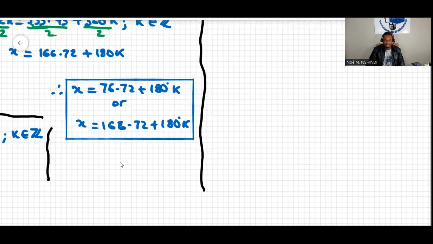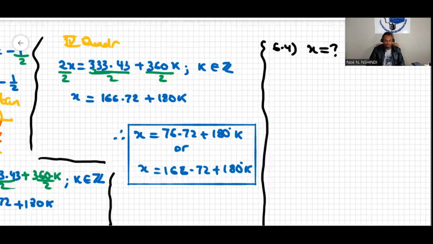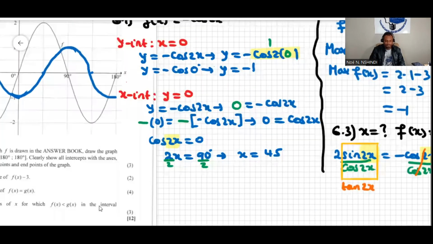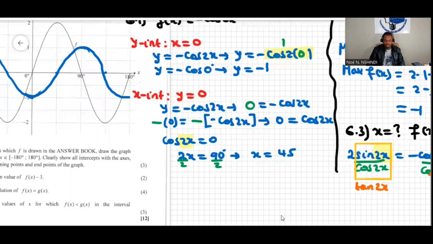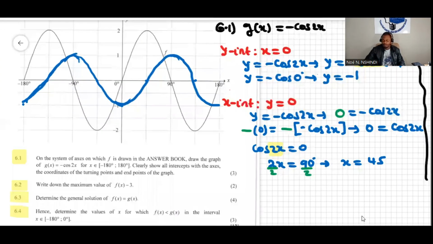Let's just look at the graph. We can notice that f of x is lesser than g of x in this interval, in this part from here to there, because this is where g of x is more.